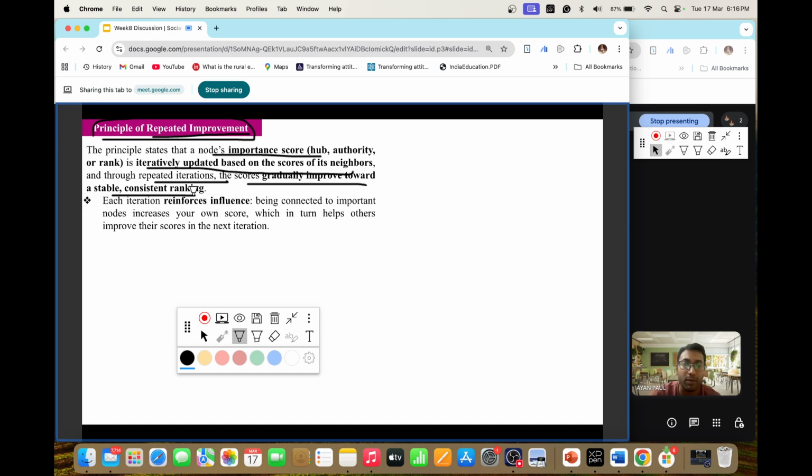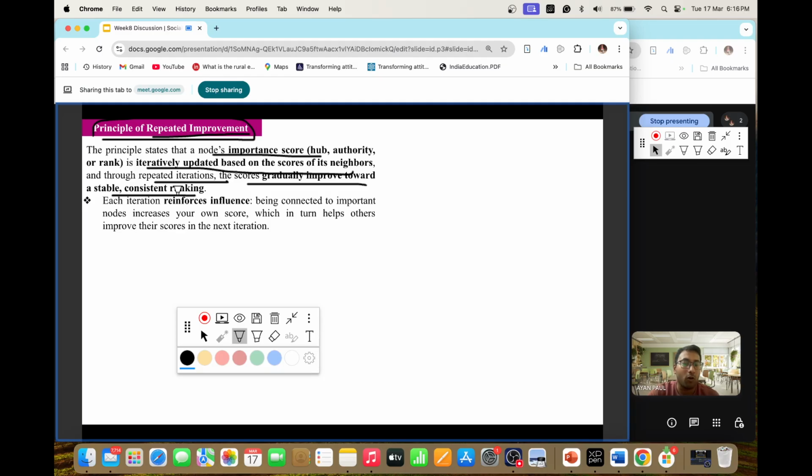Again I am repeating: a node's importance score. A node can be both; a node can be a hub, a node can be an authority. It is iteratively updated based on the scores of its neighbors, and through repeated iterations the scores gradually improve towards a stable, consistent ranking.